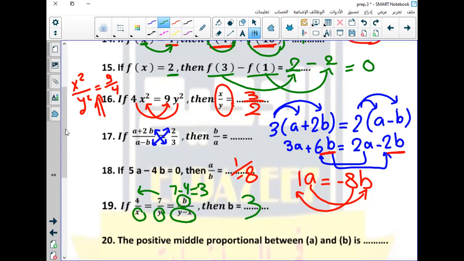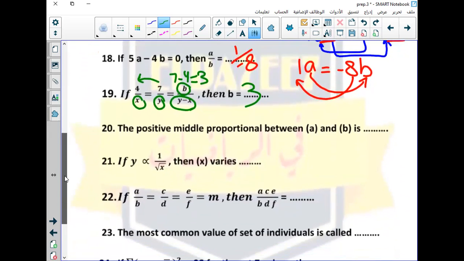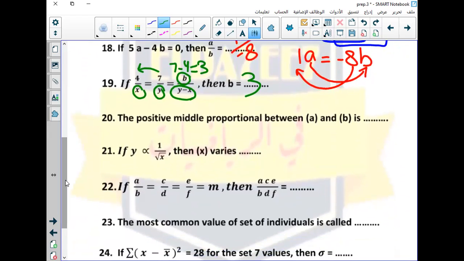Number 20, the positive middle proportional between a and b is, okay, the middle proportional between a and b will be a over c equals c over b, because he wants to know the middle proportional between a and b, then this relation will be continuous proportional.